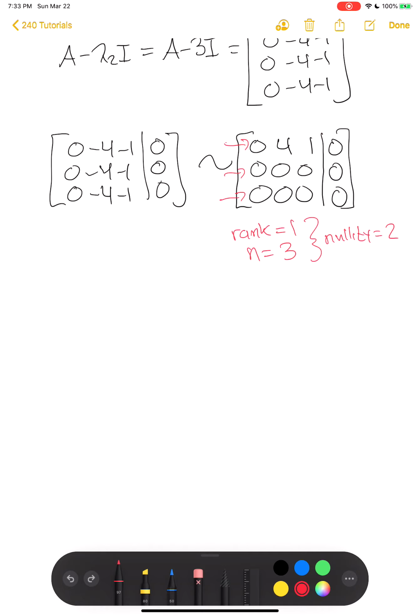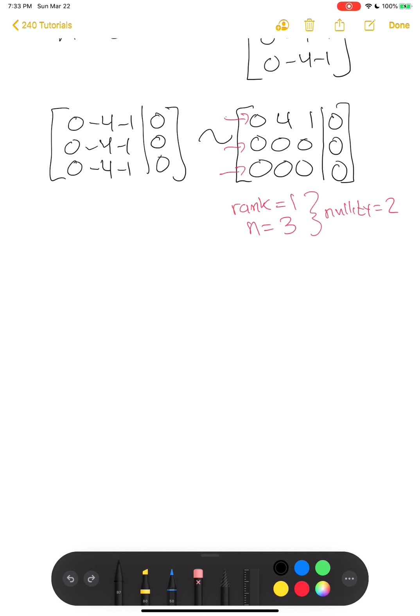So what we want to do, we can notice first of all that because we have this column of zeros here, it's not going to care what the first value of the vector we send through is. So I can go ahead and just say that v2 is going to be equal to 1, 0, 0, because any scalar multiple of 1, 0, 0 will get wiped out by the first column. And then the second one, we do the same way we've done before.